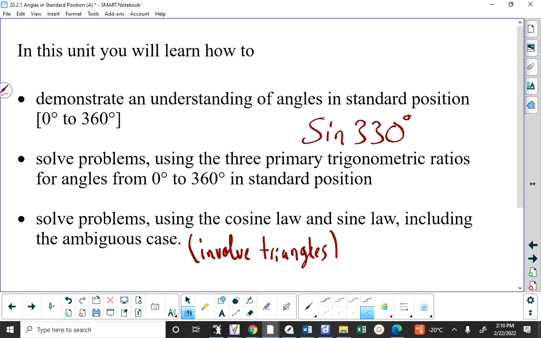You can't use tangent equals opposite over adjacent because there is no opposite and adjacent in one of these triangles. So in order to work with those triangles, we use what's called the cosine law and the sine law, which are not what you've learned in the past. There's something different. Incidentally, there is a cosine law for these triangles. There's a sine law for these triangles, but there's no tangent law. We don't use a tangent law.